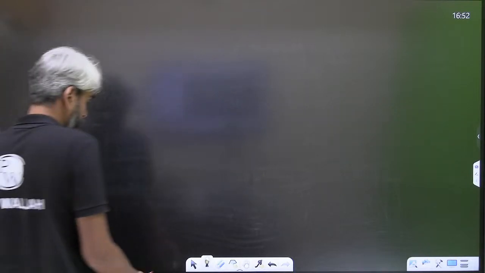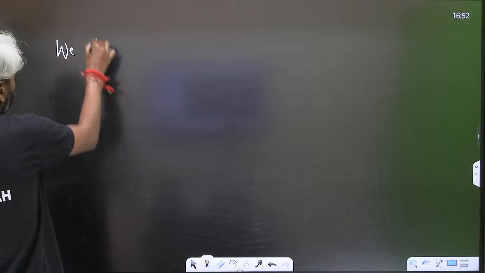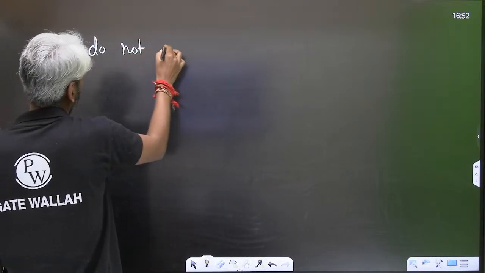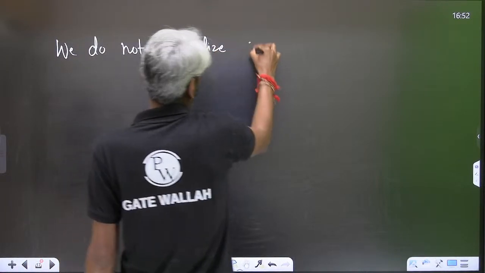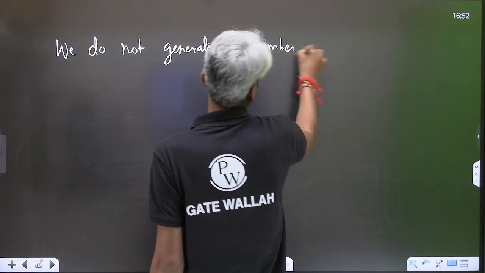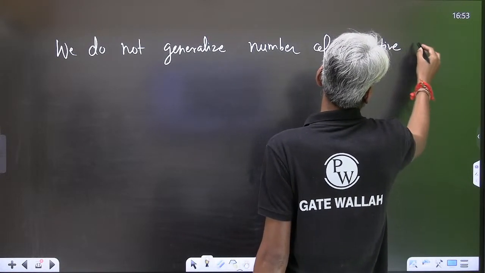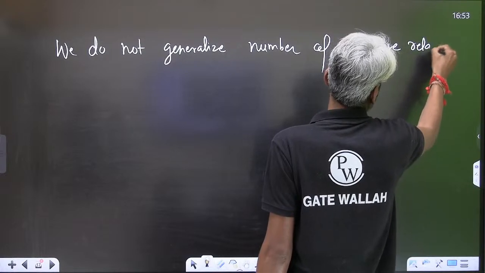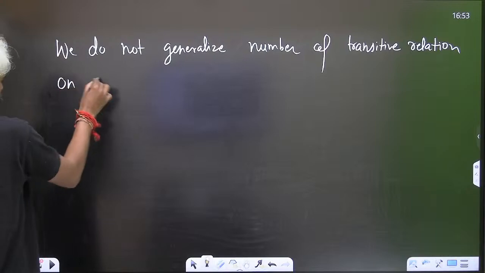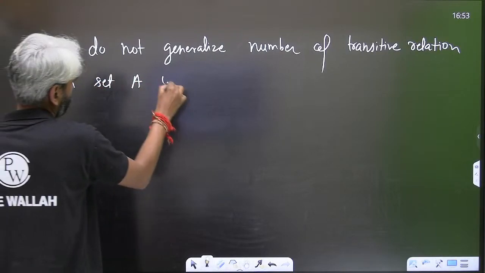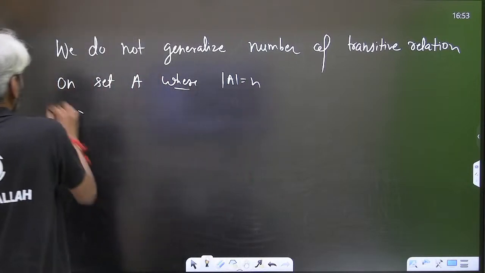So please do not generalize the number of transitive relations on set A, where mod A equals n.